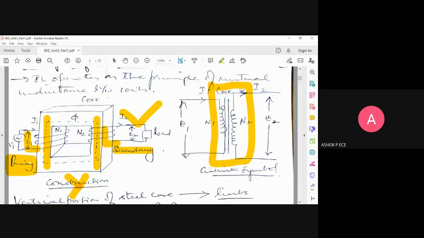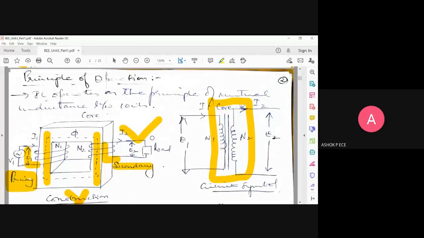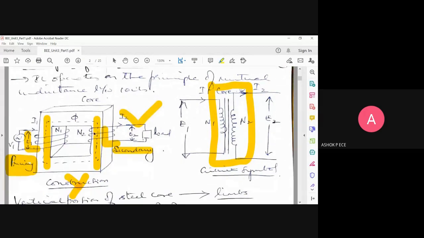And in the core, you will draw two parallel lines between the primary and secondary winding to indicate the effect of induction. Mutual induction, they are coupled. So the two parallel lines indicate the primary and secondary are coupled. Remember, the primary and secondary are not connected directly, they are electrically isolated, but they are coupled because of the magnetic flux phi.